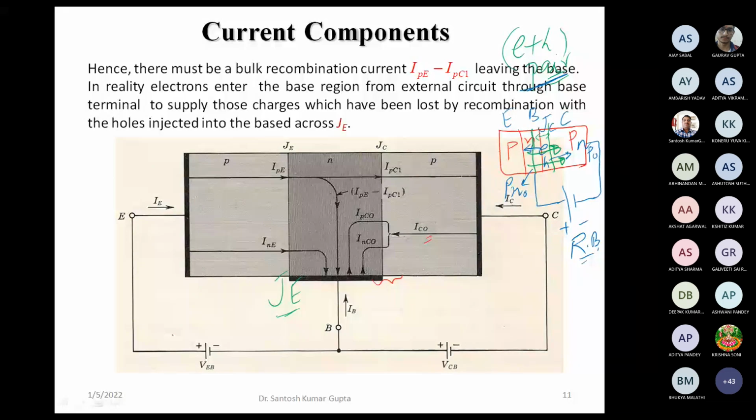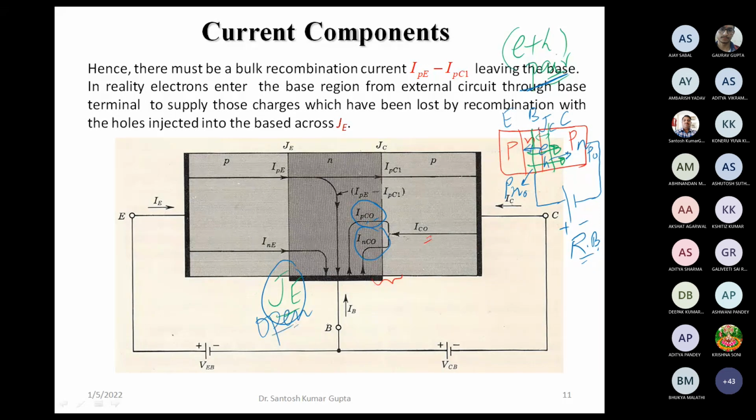The electrons form this INCO current, and the holes form this IPCO current. So C means collector, O means the other junction, that is the emitter junction, is open.